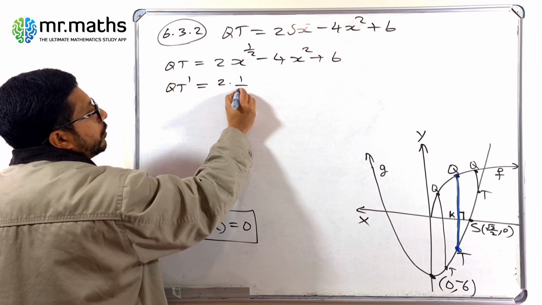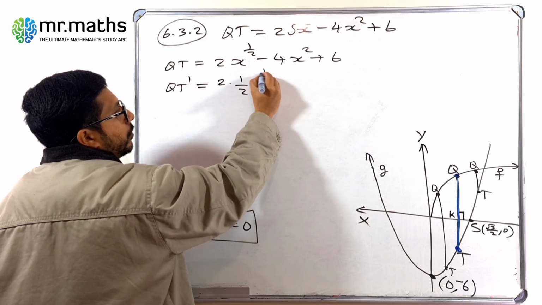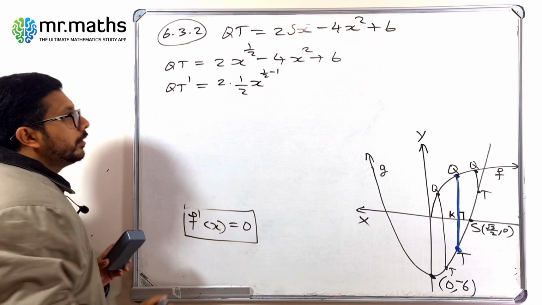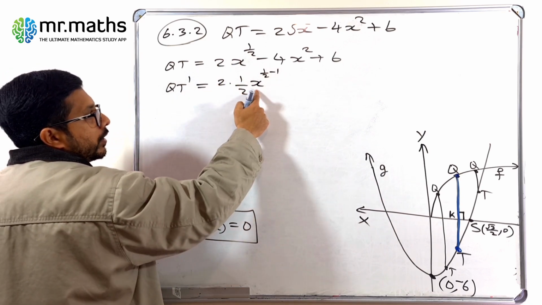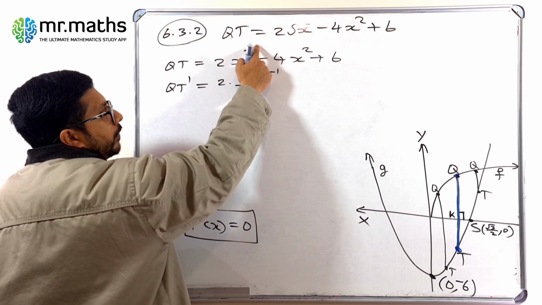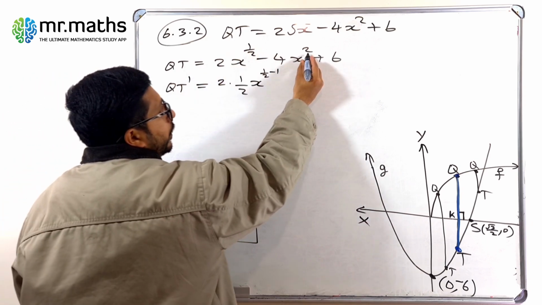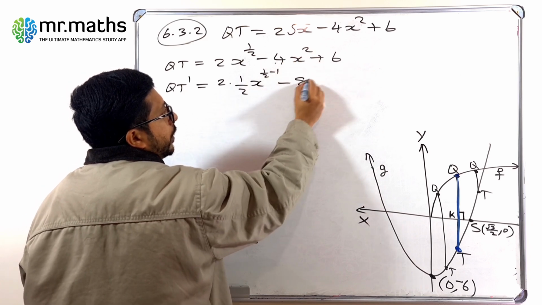2 into this 1 over 2 will come here, then x raised to 1 over 2 minus 1. Do you remember this calculus section? Okay, you have to study that one. This 1 over 2 will come here, then x raised to 1 over 2, 1 less than this 2, so it is 1 over 2 minus 1. Then this 2 will come here, so it is minus 2 times 4, that is minus 8.